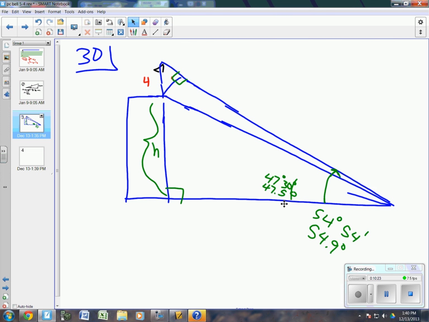I'm going to have to get one of these two. Since we have this angle and this full angle right here, we can get this angle down here, right? Work our way up and get one of these angles, which would allow us to find the length of this side. And after we find the length of this side, we'll be able to find the length of this side that's part of this right triangle, and we can solve and get our answer.